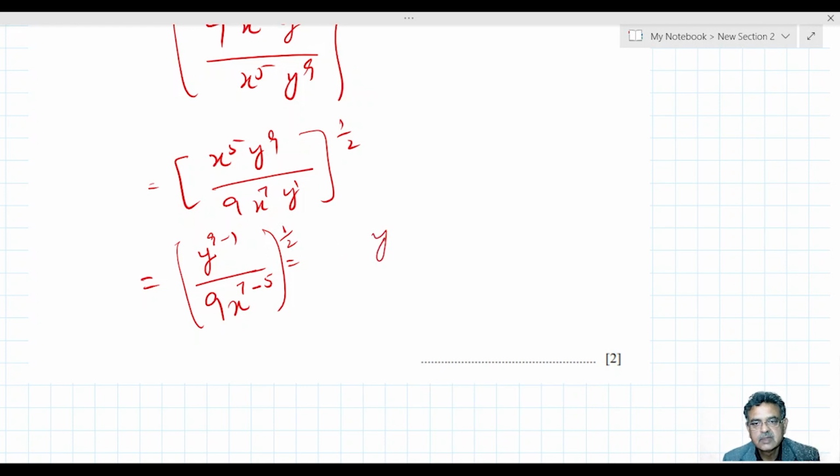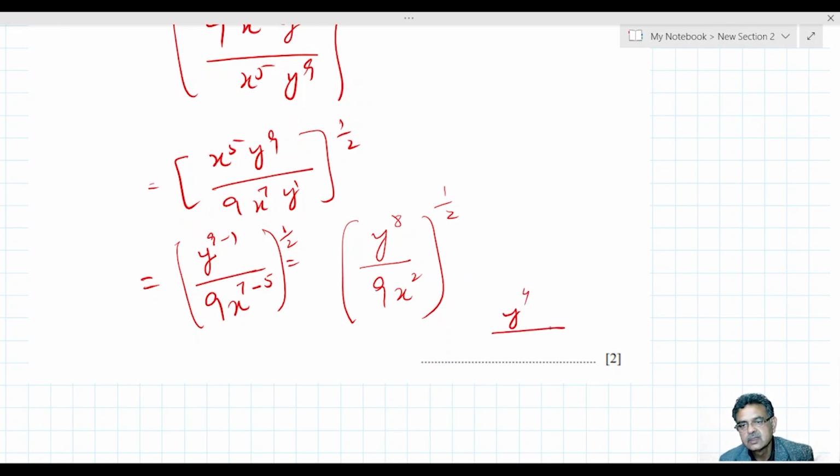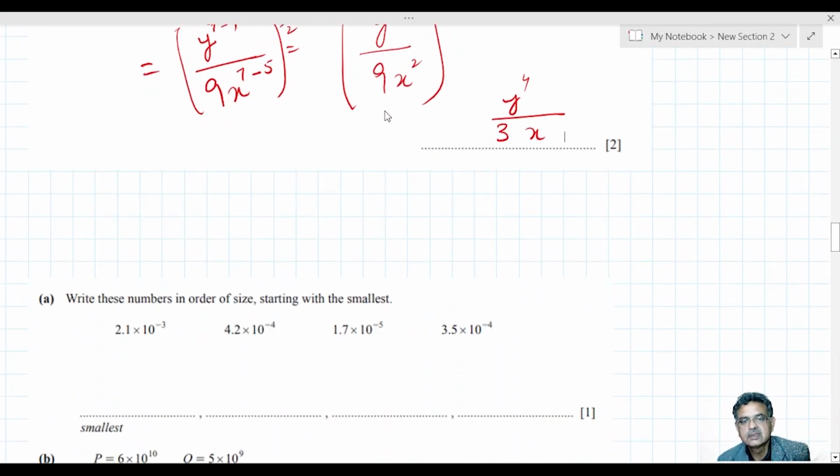So this will be y power 8 over 9x square whole power half. So every index will be halved. So this will be y power 4 divided by 3x. Square root of 9 is 3. So y power 4 over 3x is the answer.